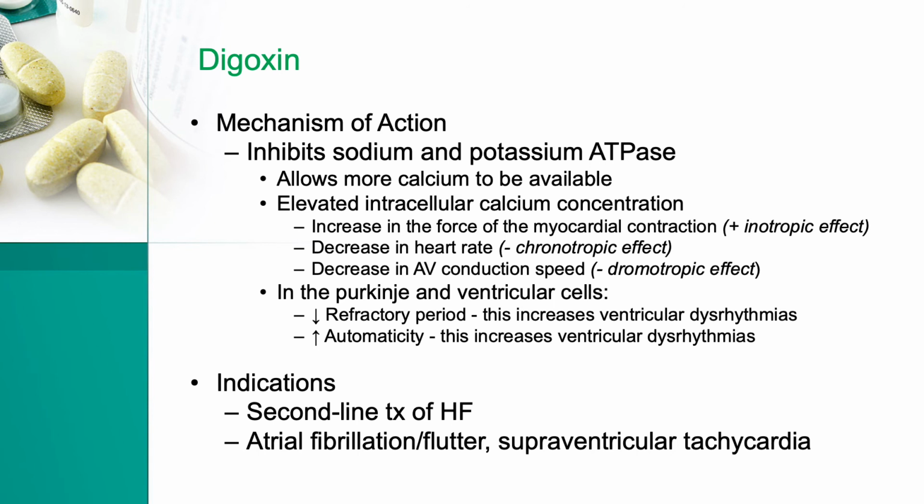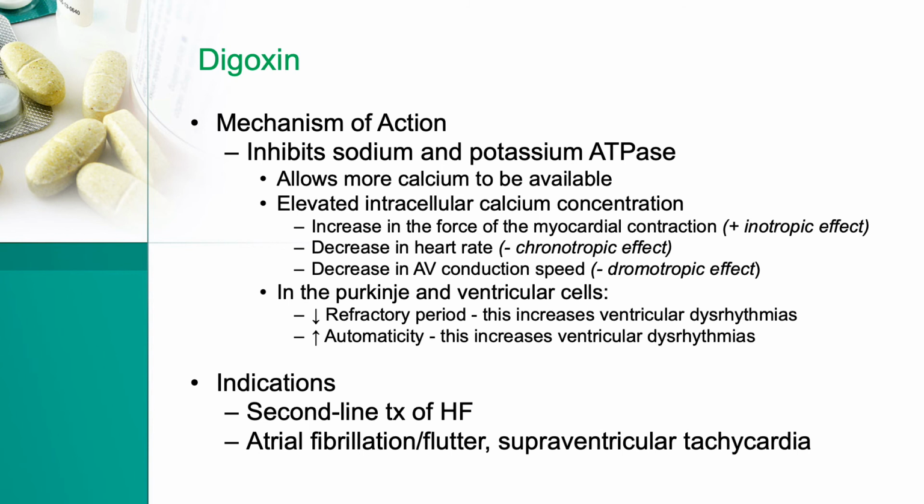Digoxin inhibits sodium and potassium ATPase, which allows more calcium to be available in the intracellular compartment. The end result is an increase in the force of myocardial contraction, which is a positive inotropic effect, a decrease in the heart rate, which is a negative chronotropic effect, and a decrease in AV conduction, which is a negative dromotropic effect.